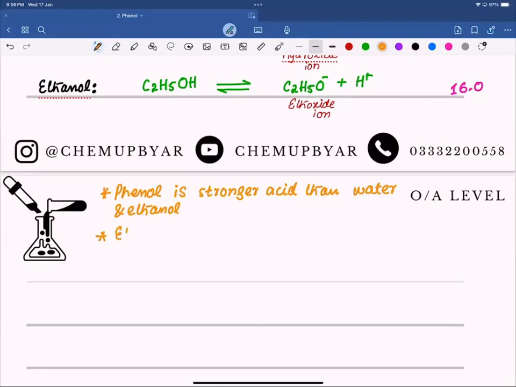And I can further comment that ethanol is a weaker acid than water and phenol.